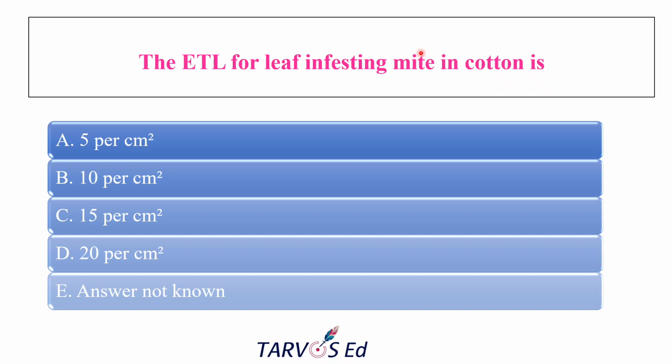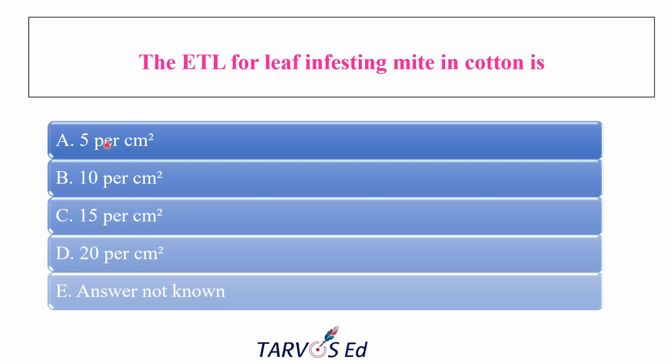The options given for the ETL are 5 per centimeter square, 10 per centimeter square, 15 per centimeter square, 20 per centimeter square, and the answer is not known.